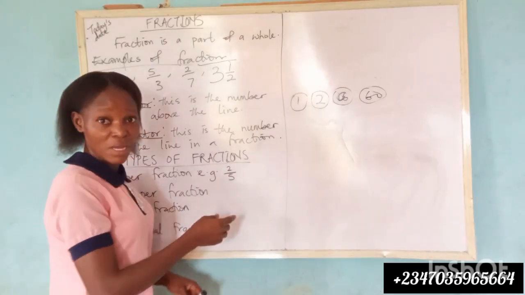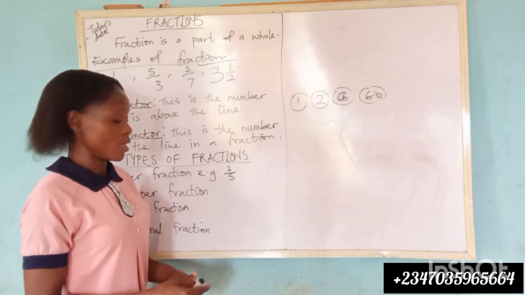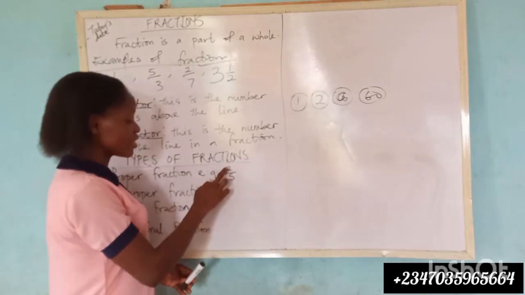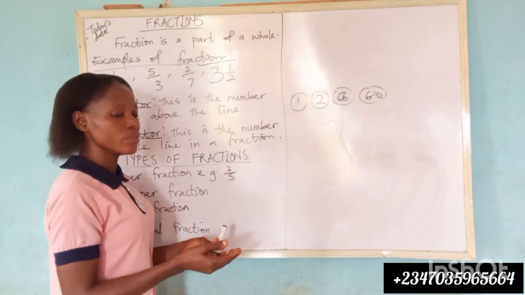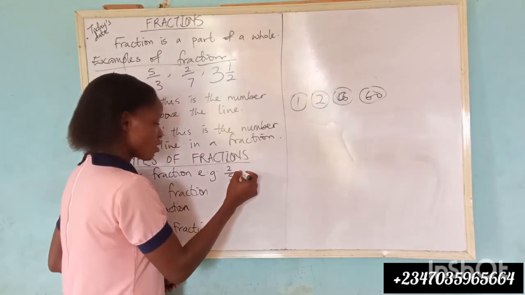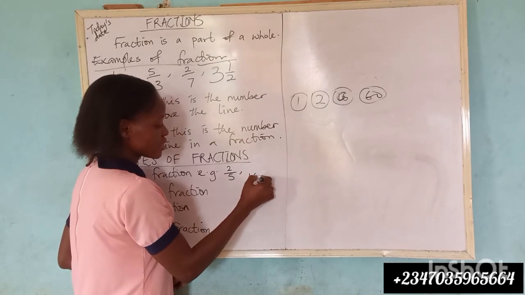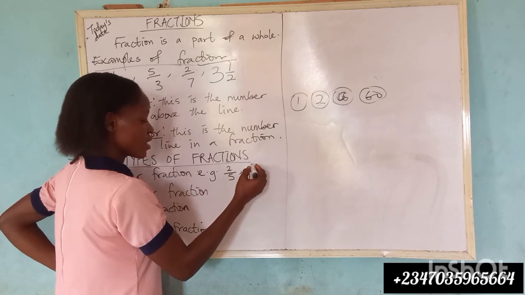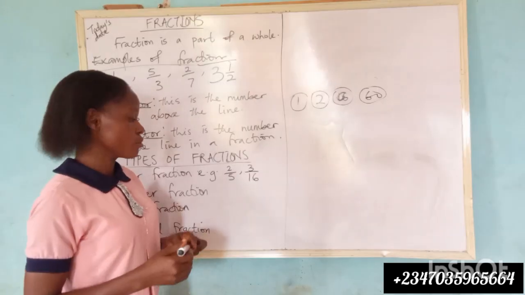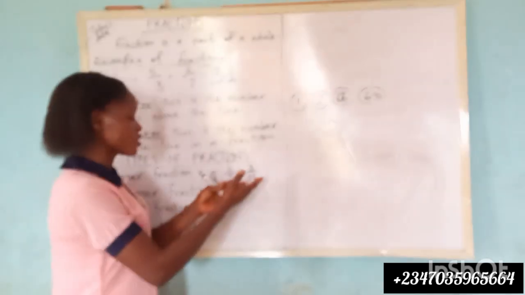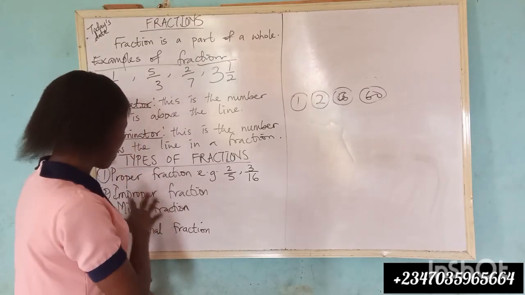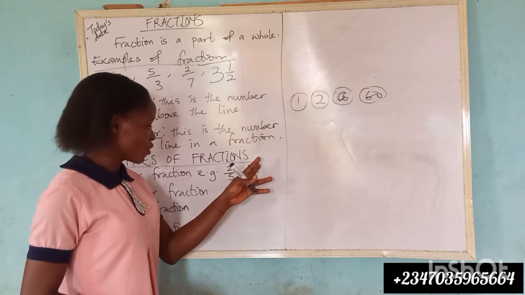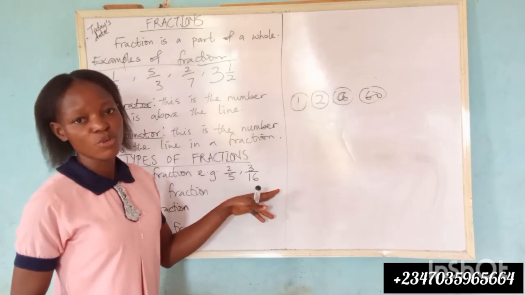When we say something is proper, that means that thing is normal. If you see a 5-year-old boy carrying a 2-year-old baby, that's proper. Or a 16-year-old girl carrying a 3-year-old child, it is still proper. Proper fraction is where the numerator is less than the denominator.